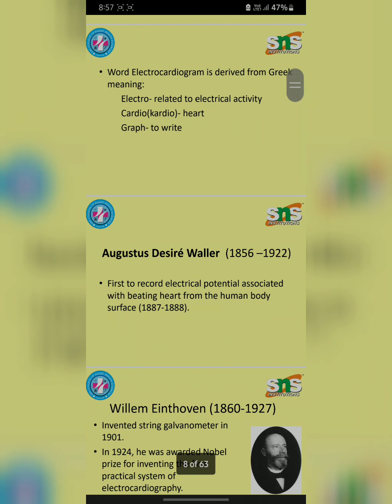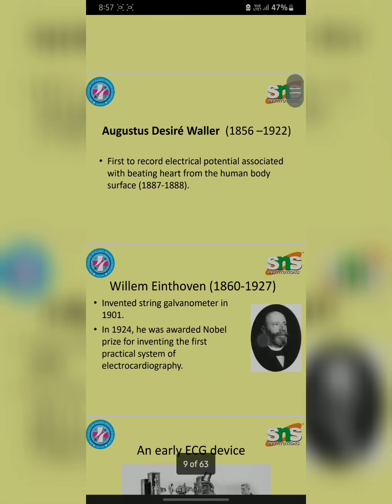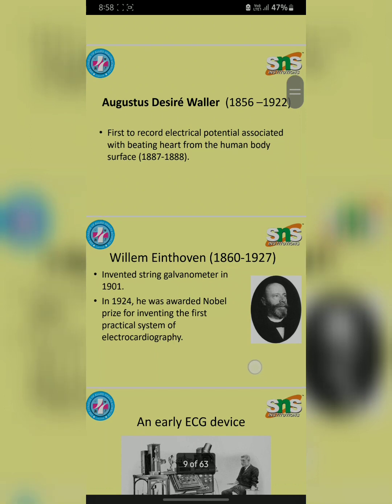William Einthoven, 1860 to 1927, invented the string galvanometer in 1901. In 1924, he was awarded the Nobel Prize for inventing the first practical system of electrocardiography, an early ECG device.